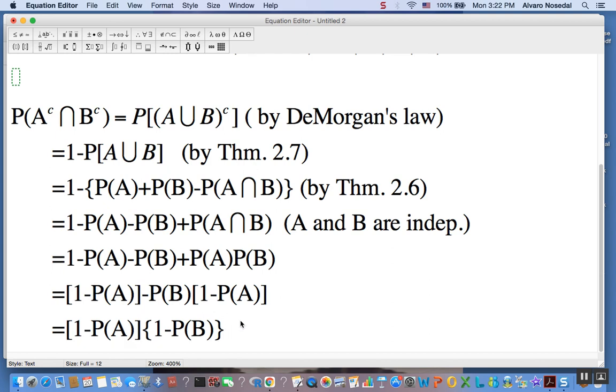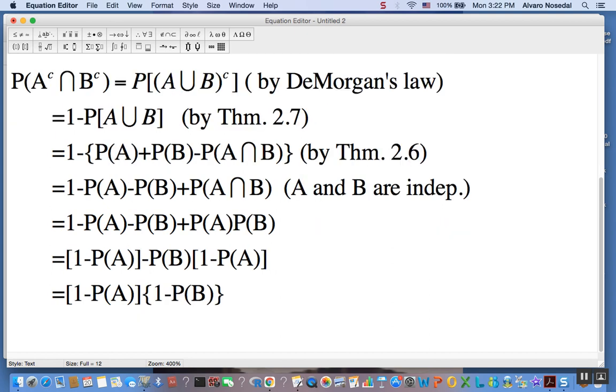But now, again, we have already shown, by Theorem 2.7, that the probability of A complement equals 1 minus the probability of A. 1 minus probability of A equals the probability of A complement.